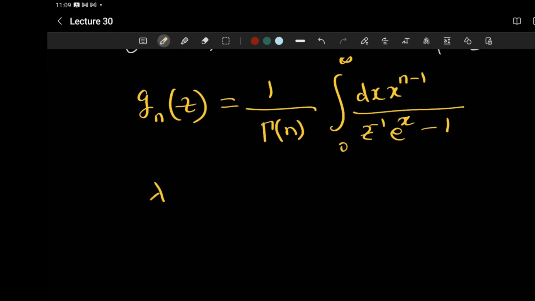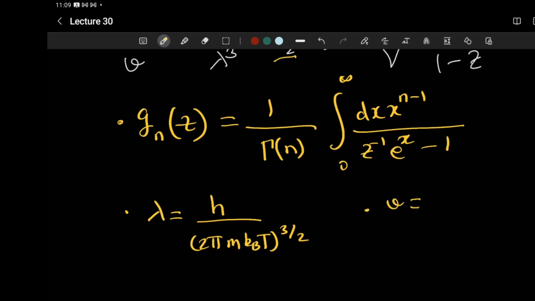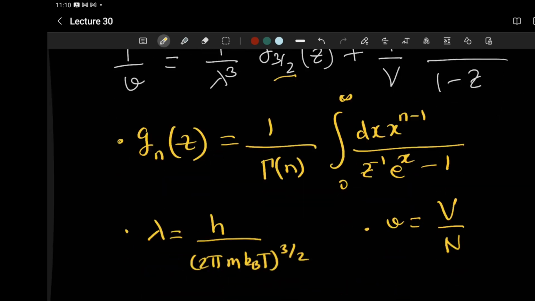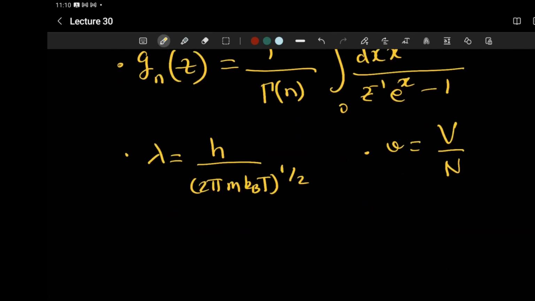And lambda is the thermal wavelength, so it is just h by root 2 pi m kBT power 3 half. Okay, so these are some definitions, and little v is V by N. And z, of course.